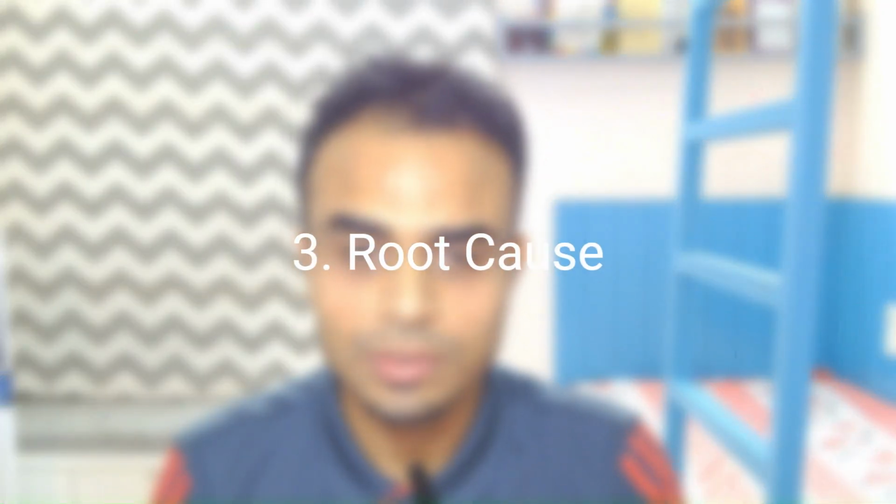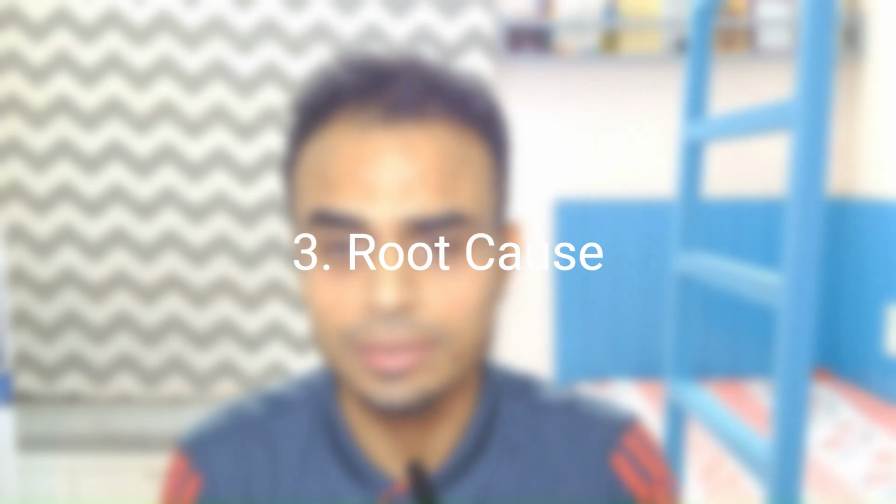The third point is the root cause. The root cause is the most critical section. We have to explain the technical and organizational factors that led to the incident. We have to use root cause analysis with different techniques. One technique is 5 whys, or a fishbone diagram.